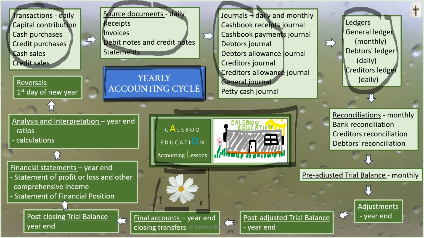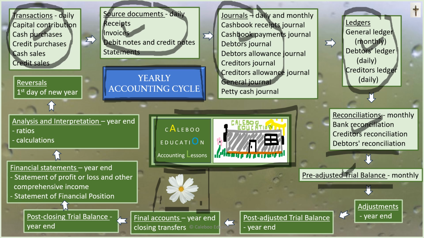Then at the end of the month, reconciliations are done, and then there's a pre-adjusted trial balance, a trial balance at the end of the month. Now, the ones that I've circled, the blocks, that happens either on a daily or a monthly basis up until trial balance.